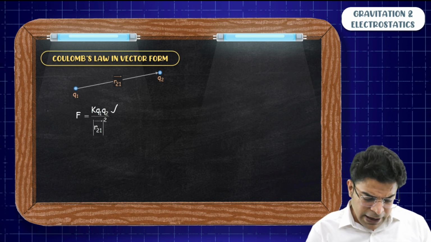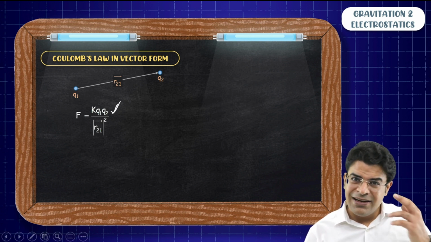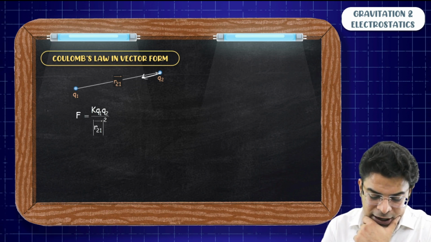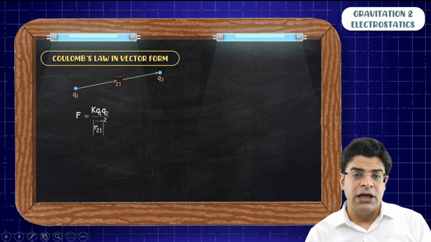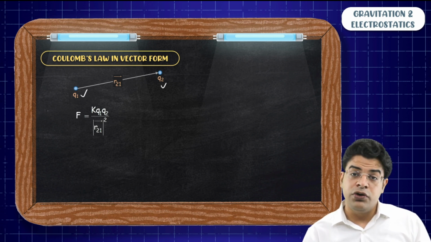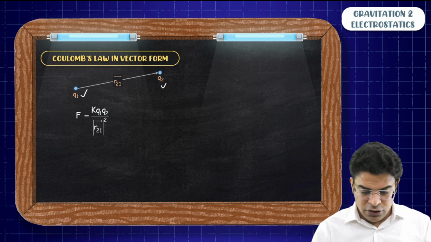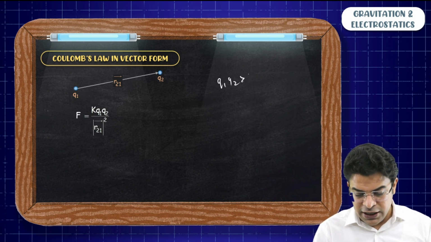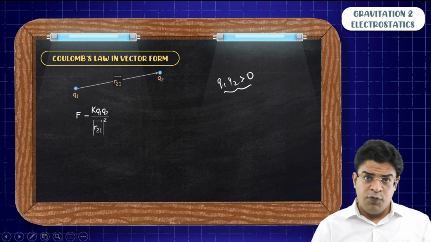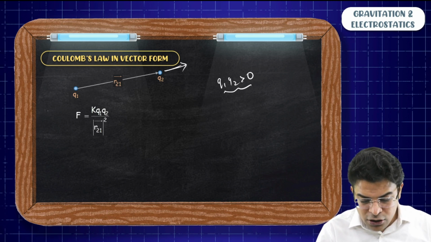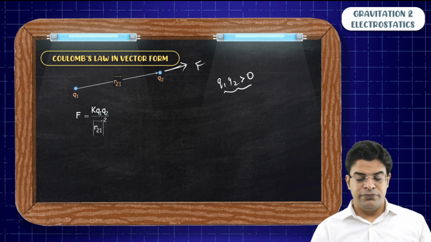Now we know the magnitude of force, but here there is a catch. The catch is that whether the force will be attractive or repulsive depends upon the nature of the charges Q1 and Q2. If both are like, the force will be repulsive. So if Q1 Q2 is greater than 0, the force applied by charge 1 on charge 2 will be parallel to the vector R21.